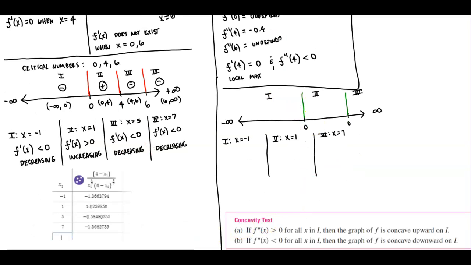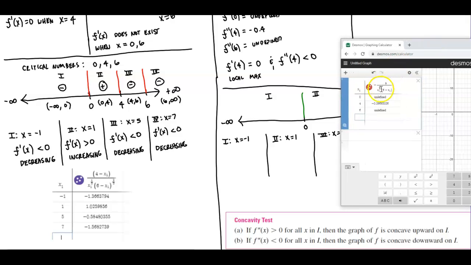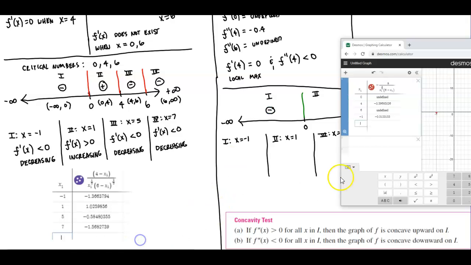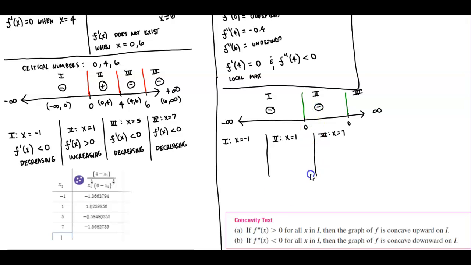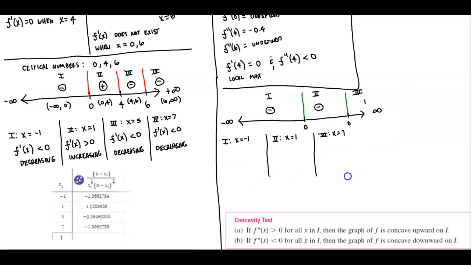So let's go ahead and plug these numbers into our table. Okay, so this is our second derivative. If we put in -1, then we get a negative result. If we put in positive 1, then we also get a negative result. And if we put in 7, then we get a positive value.